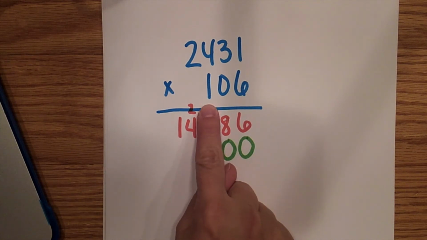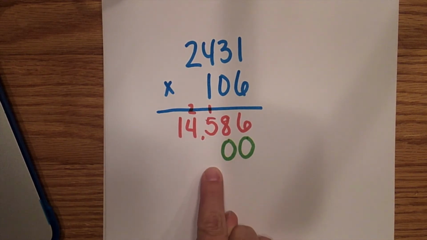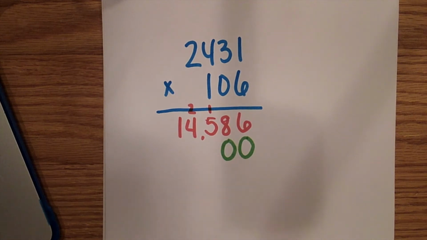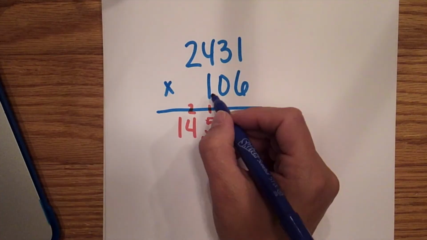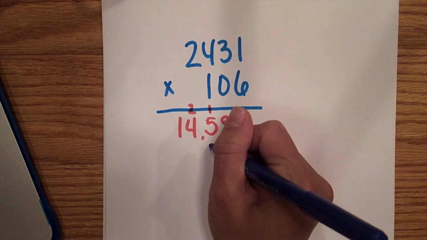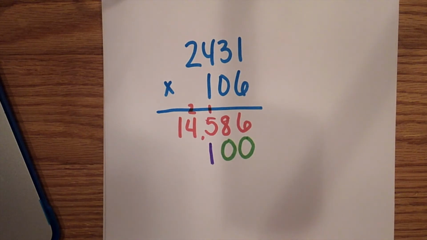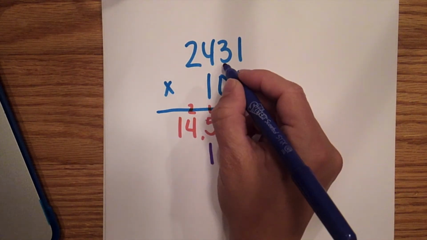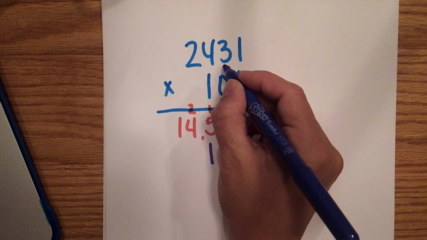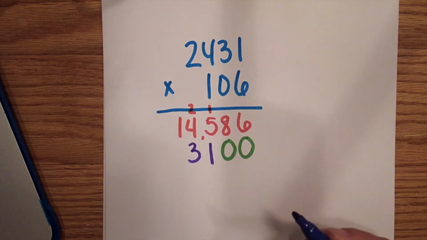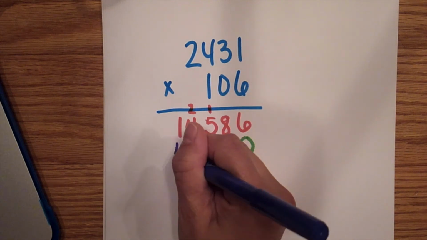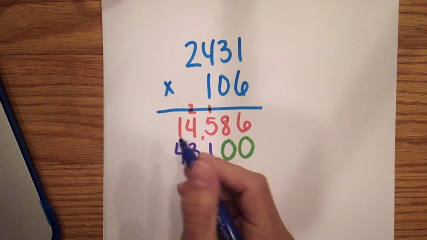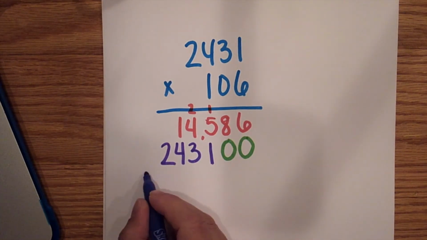So now my answer to my hundreds has to start in the hundreds place. So let's multiply by that 1. 100 times 1. 100 groups of 1 is 1 in the hundreds. 100 times 30 is 3 in the thousands. 1 times 4 is 4, and 1 times 2 is 2.